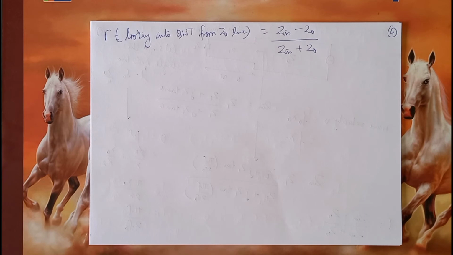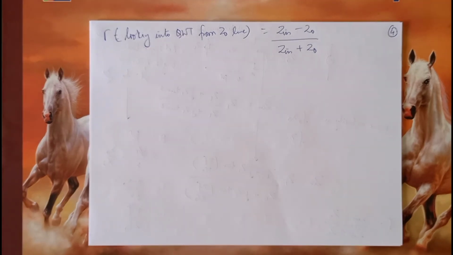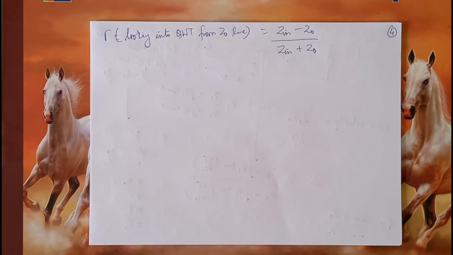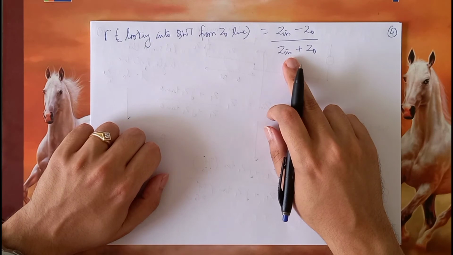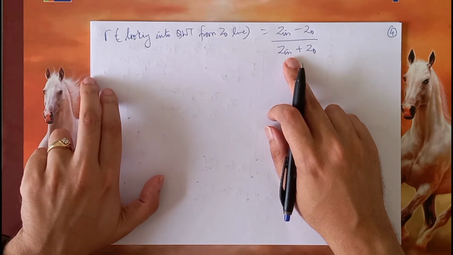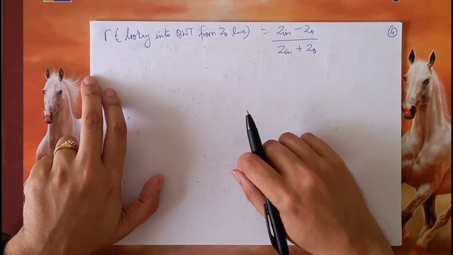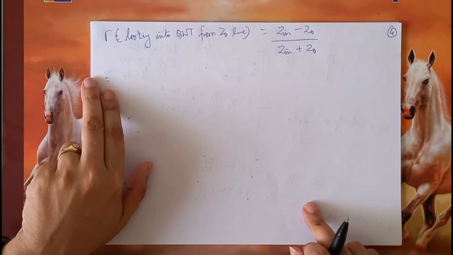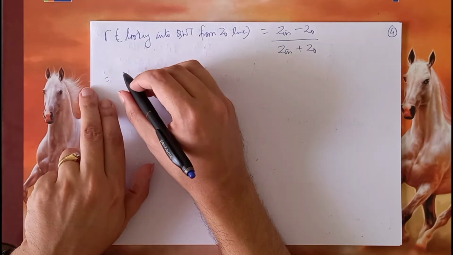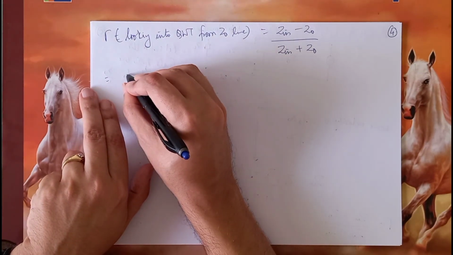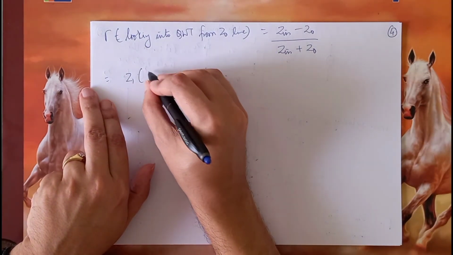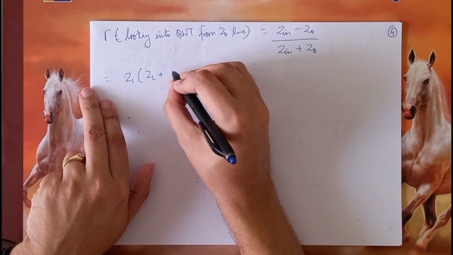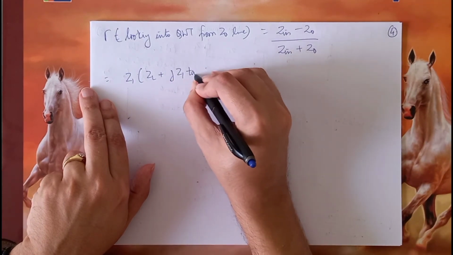So what would we get if you substitute Zin? So Zin we already know, we have written the expression previously. So what we will get is this: Z1 times (ZL plus jZ1 tan theta).